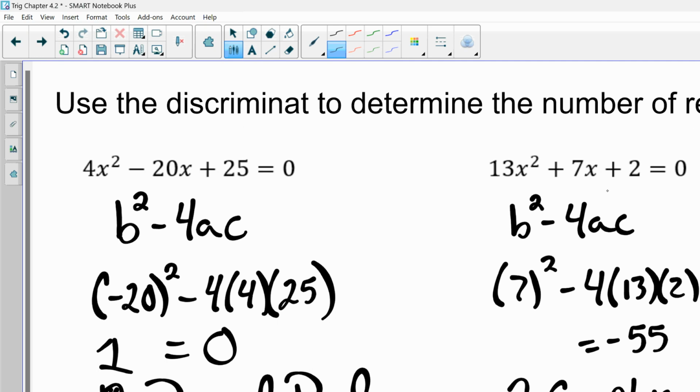Well, we can actually do this one by hand pretty easily, because our 4 times 5 times 0 is just 0, so we have negative 8 squared. 8 squared is 64. And since it is positive 64, it's greater than 0, we have two real solutions. And that's it with those there.